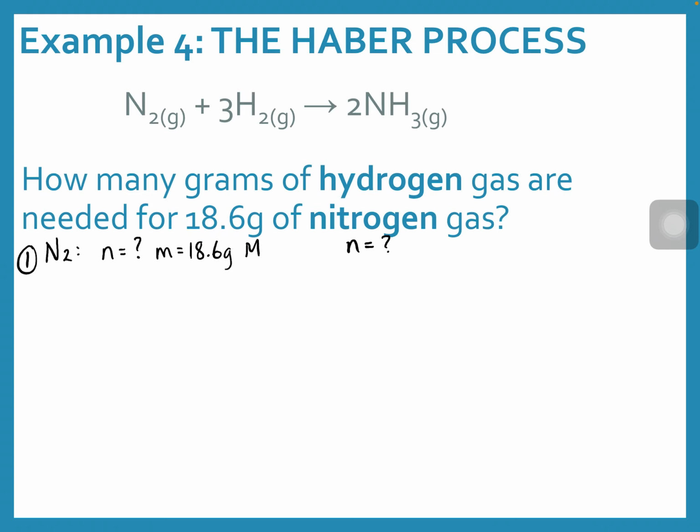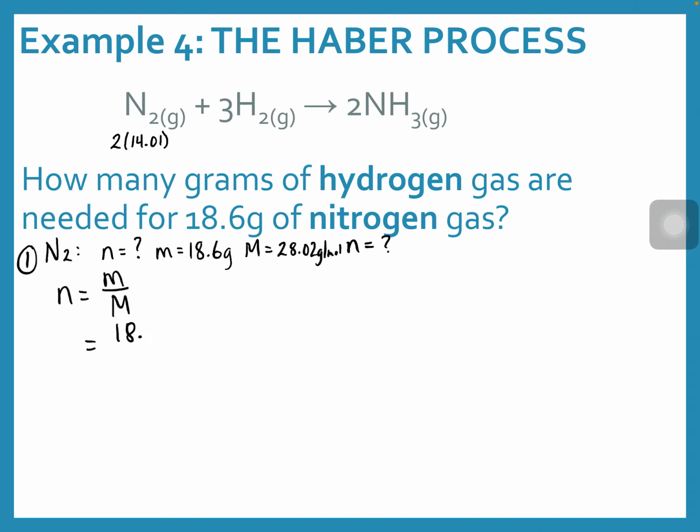So what we want is to solve for the molar mass so that we can connect our mass to a number of moles. For nitrogen, our molar mass is 2 times 14.01 for the 2 nitrogen, which is 28.02 grams per mole. So my number of moles is equal to mass divided by molar mass.